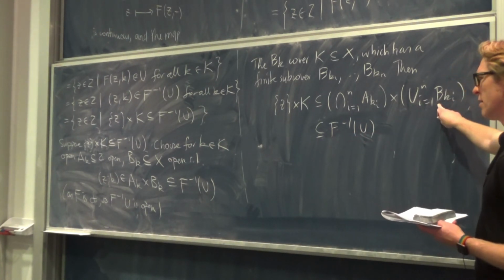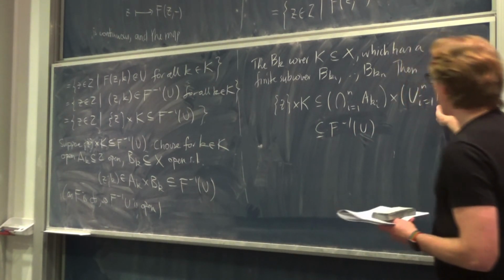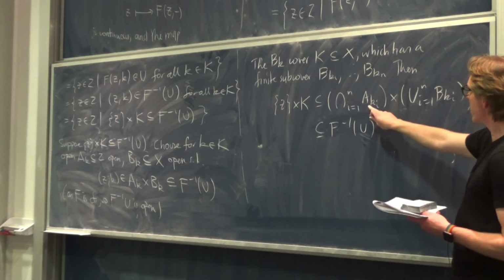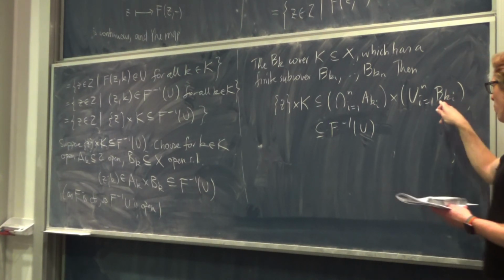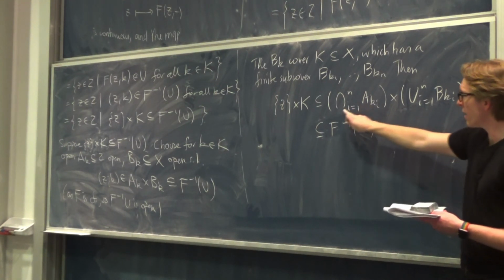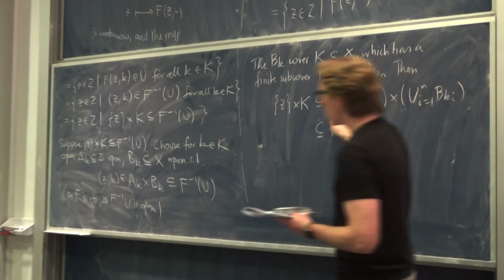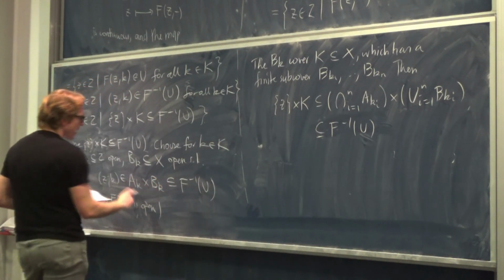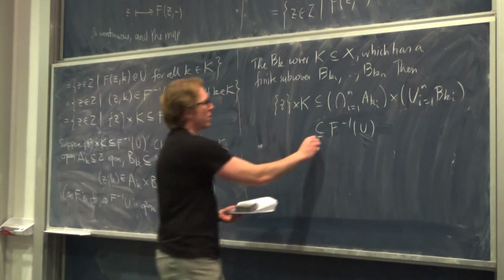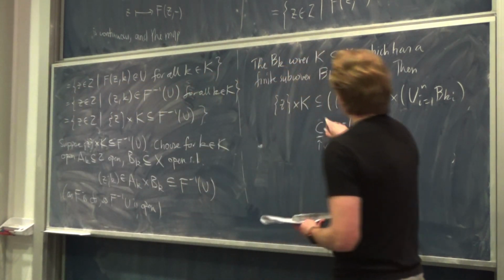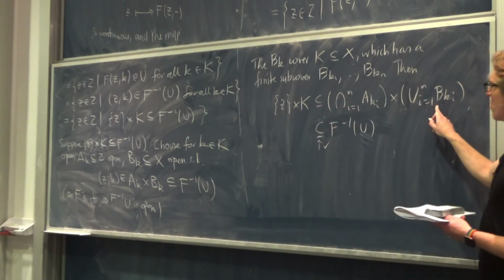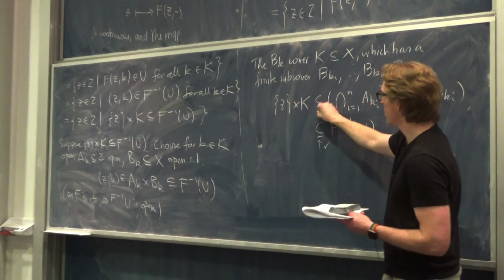So if I took a pair in this product, the second coordinate belongs to some B_{k_i}, and the first coordinate belongs to A_{k_i}, because that's the intersection. And therefore, by the way this is defined, that pair belongs to the preimage of U. Okay, so that containment is correct. For this containment, z is in there by construction, and K is contained in that union also by construction. So that's correct.